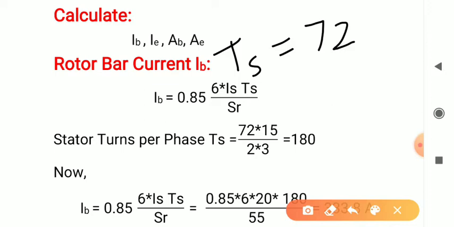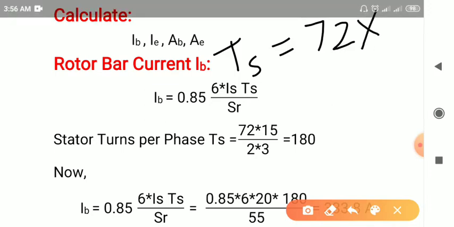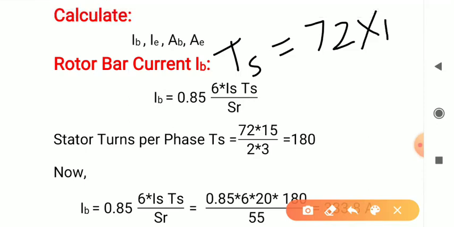As we know, the total stator winding is housed in all the slots. So how many stator conductors are there? If in one slot 15 conductors are there, then obviously in 72 slots, the number of conductors becomes 72 into 15.